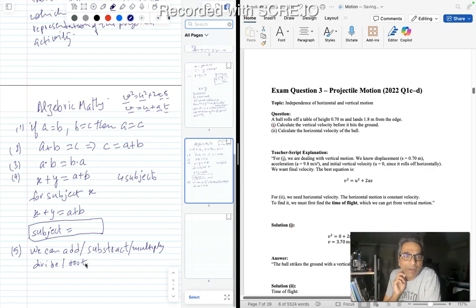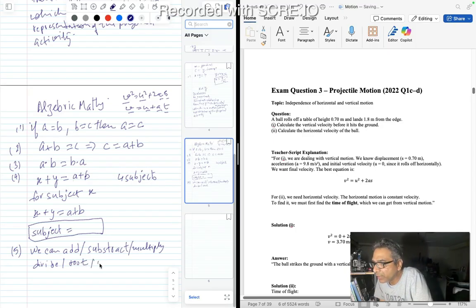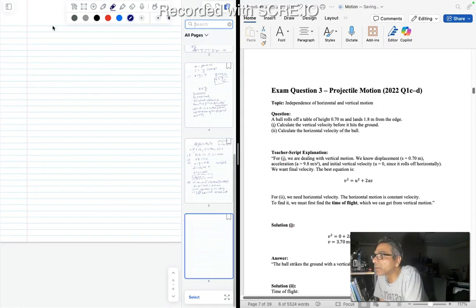That means whatever mathematical operation we are doing on the left hand side, we need to do the same on the right hand side.